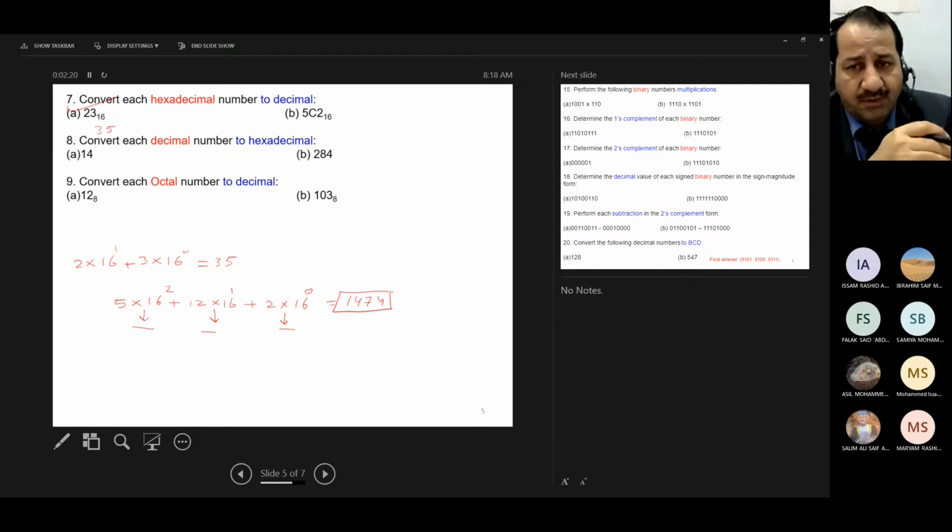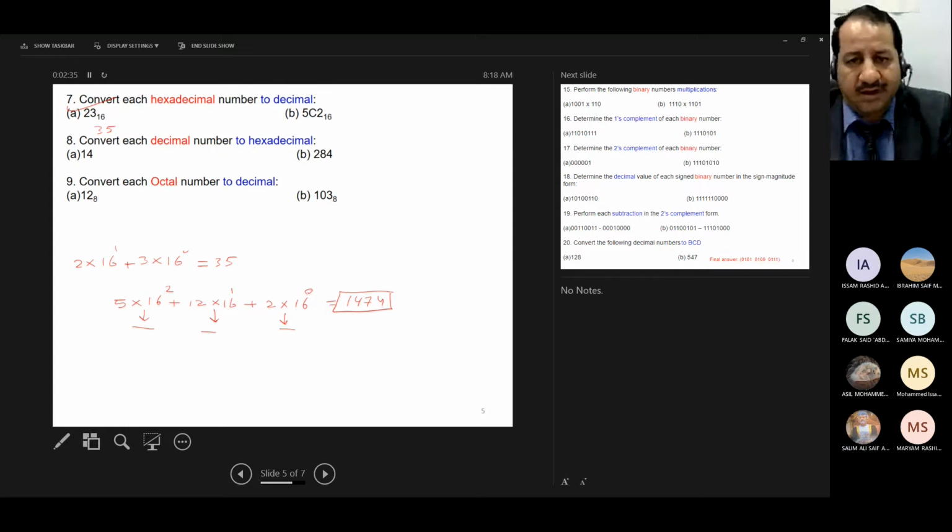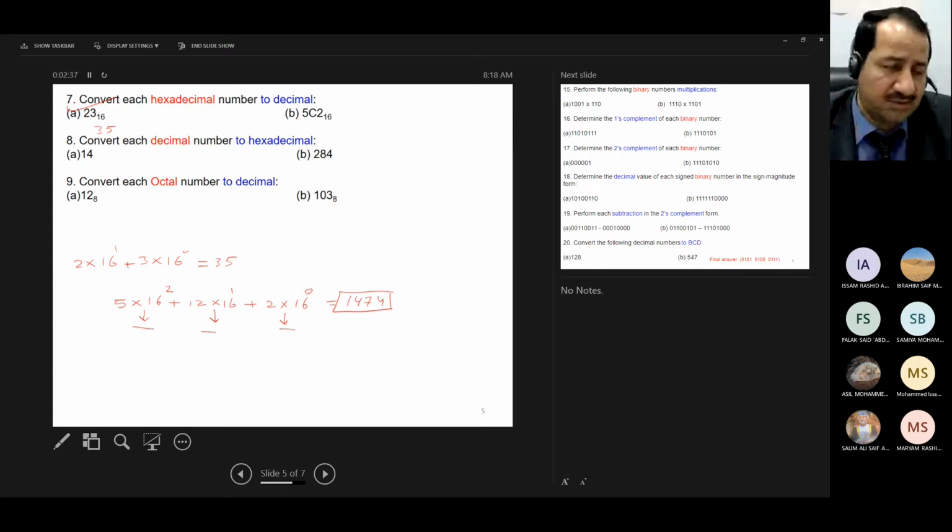Divide or multiply? What do you think? Do you remember? We divide, right? Excellent. We divide and we take the remainders and then put them from the least to the most significant bit.